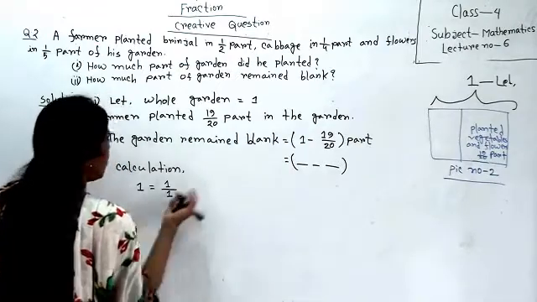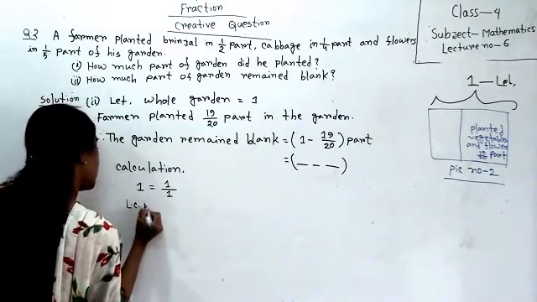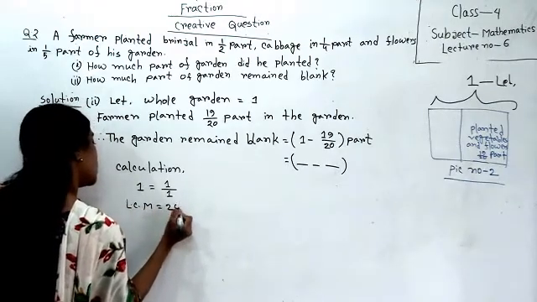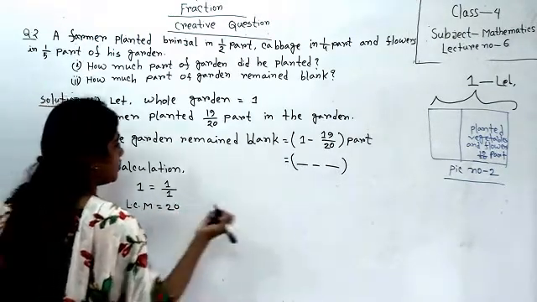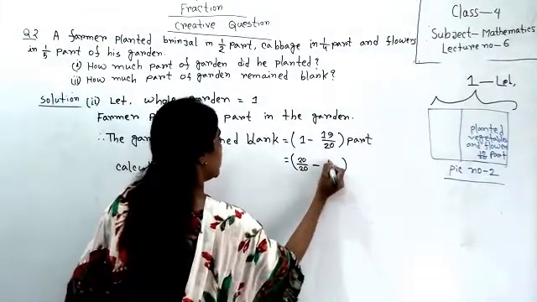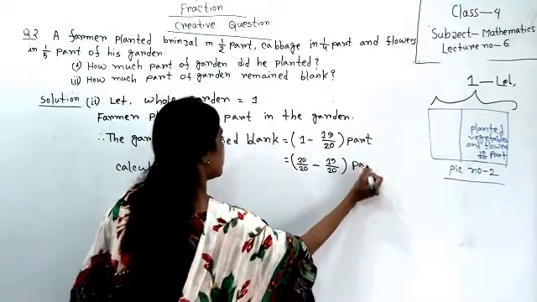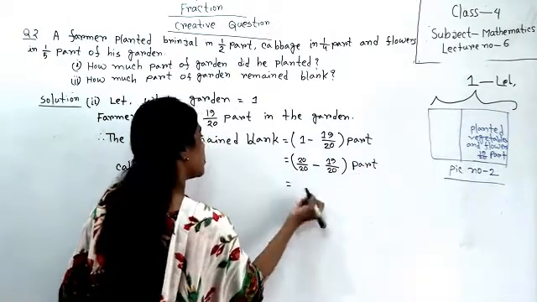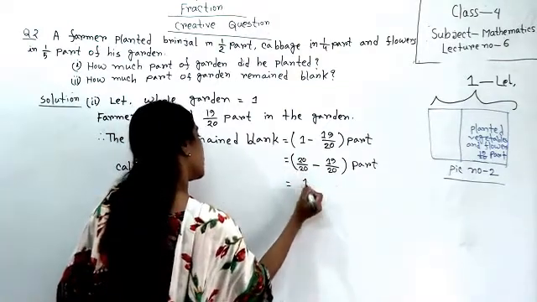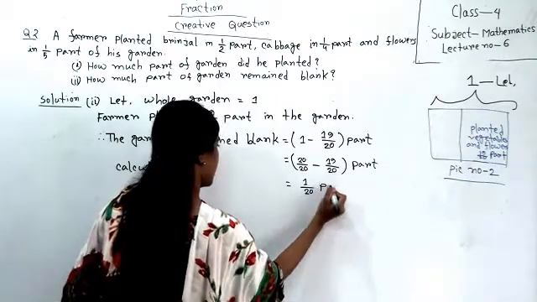Here the LCM of 1 and 20 is 20, so this can be written as 20 divided by 20. Here 19 divided by 20 part is here. Now 20 minus 19 divided by 20 part.